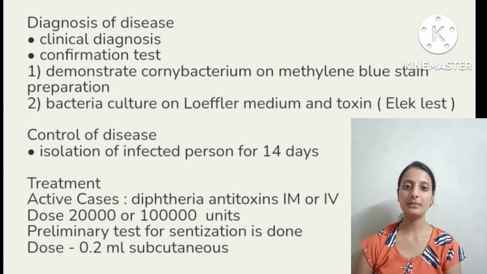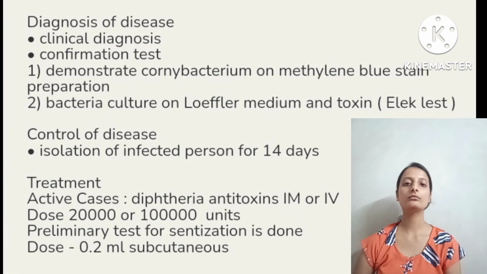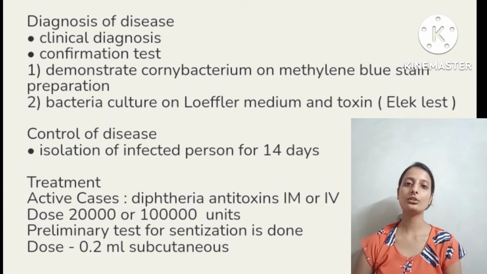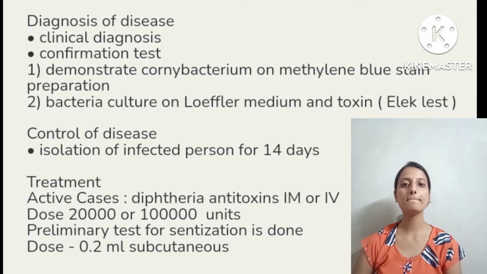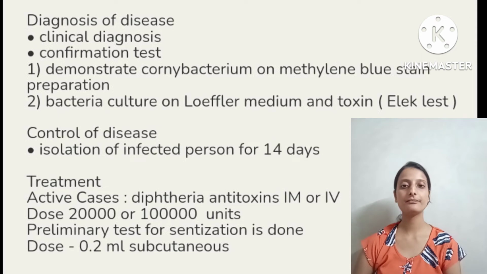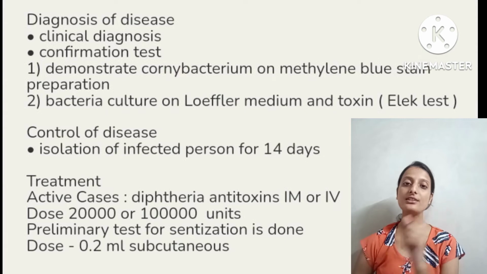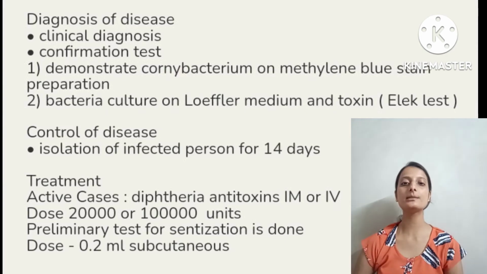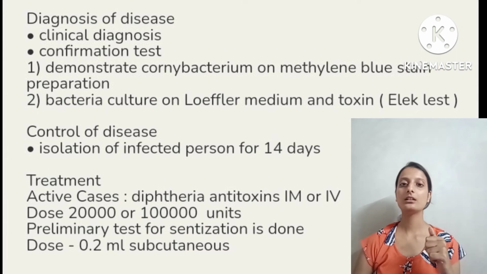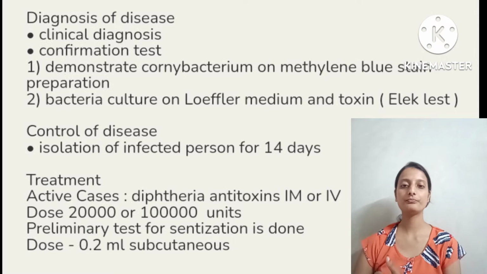After the diagnosis is done, we can now do the control of the disease. Control can be done by isolation of the patient for 14 days. We will also prevent, but first of all we'll give treatment to this patient. In the treatment there are two groups, cases and carriers.